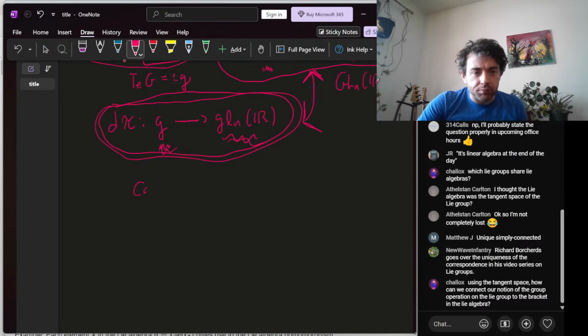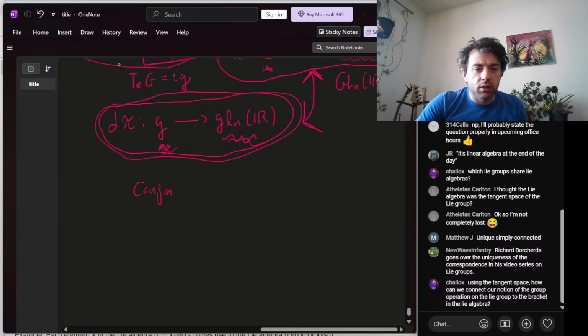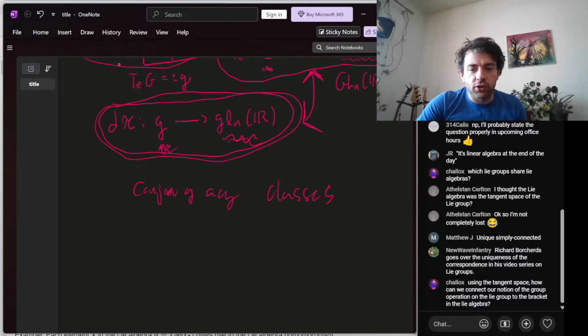Well, as you might know, if you studied some finite group theory, one of the very important things that we study are conjugacy classes. We study conjugacy classes of groups. So what is this? Basically, for each g, we study the map, let me call it Ad g, the map given by conjugation by g.